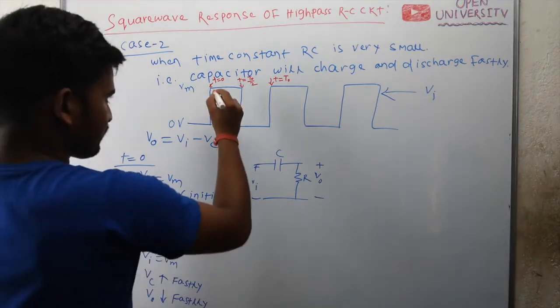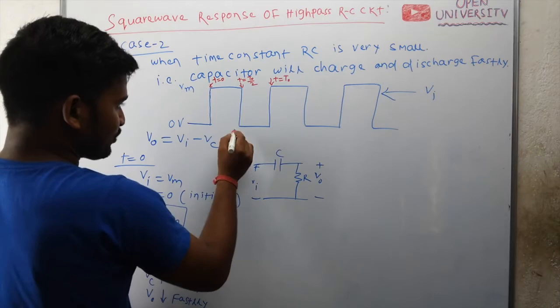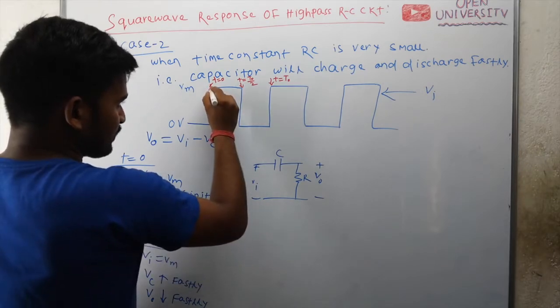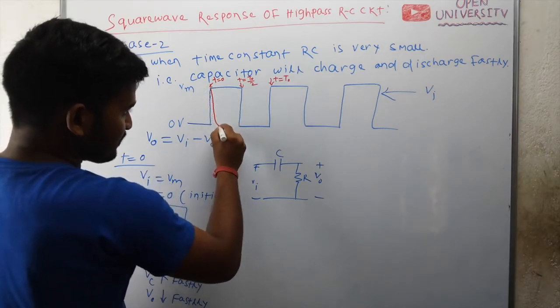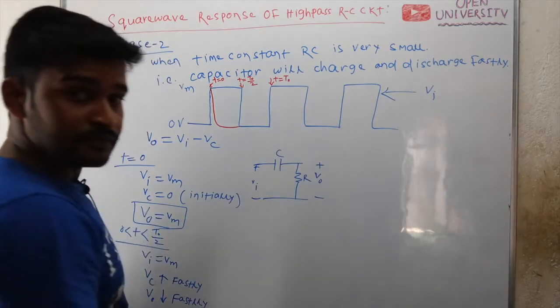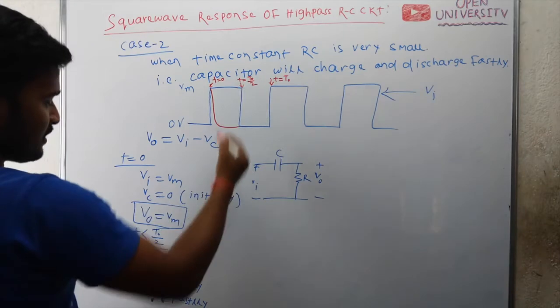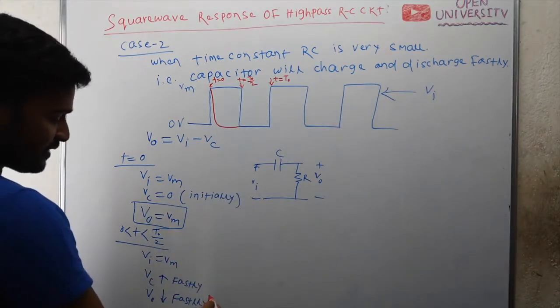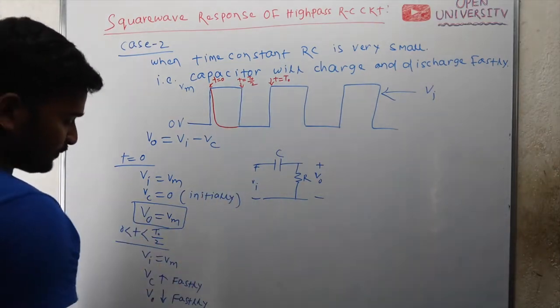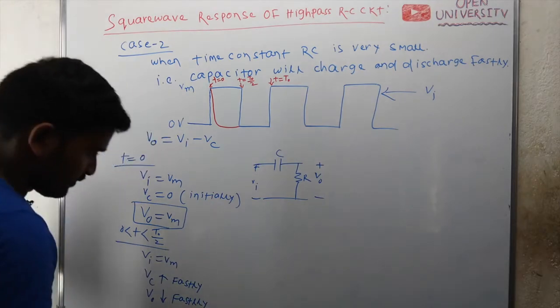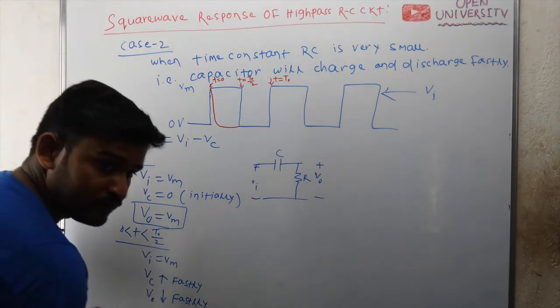The output waveform in this interval will be something like this: the output voltage will decrease fast to 0.